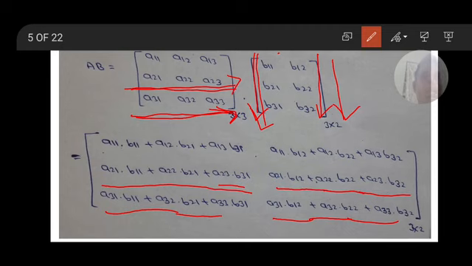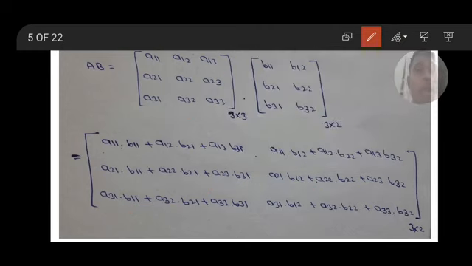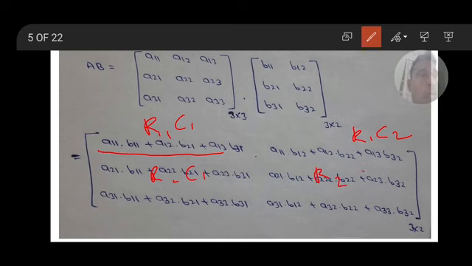It is the matrix. So how to remember? What is this element? This is first row, first column, R1C1. This is first row, second column, R1C2. This is R2C1. Next it is R2C2.